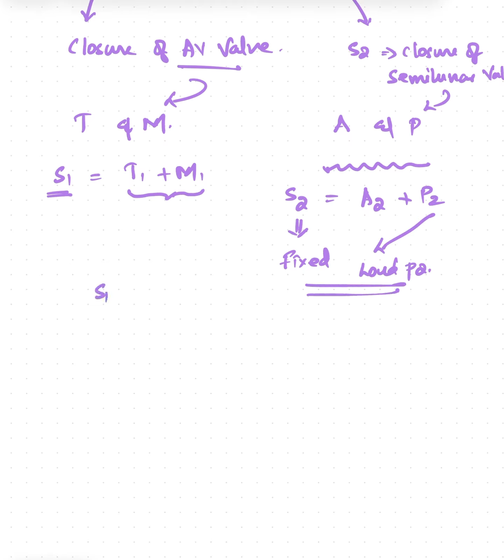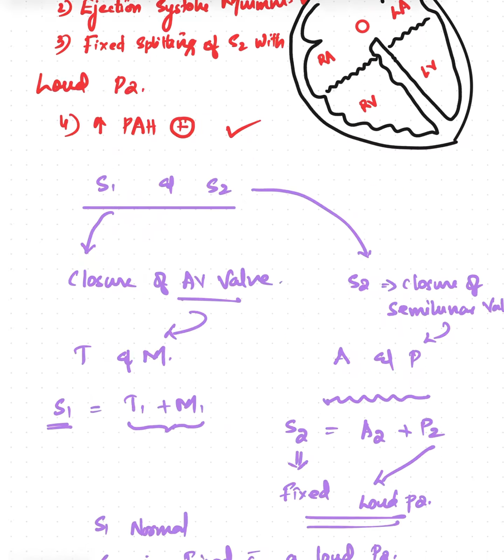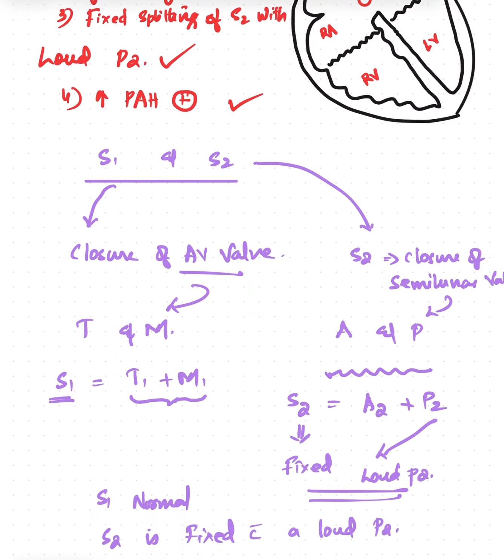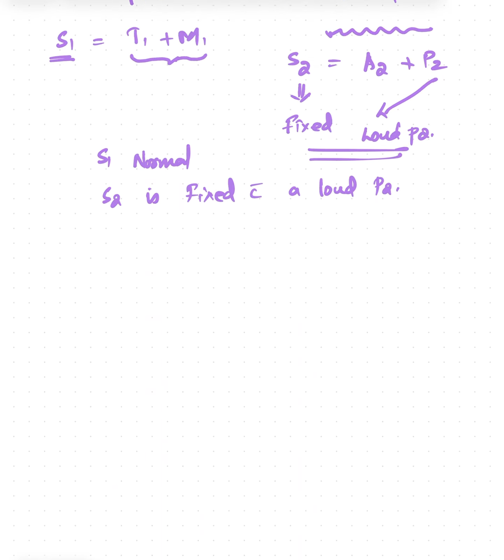So here S1 is normal, and S2 is fixed with a loud P2. This is the third point that you need to remember. So this is all about atrial septal defect.